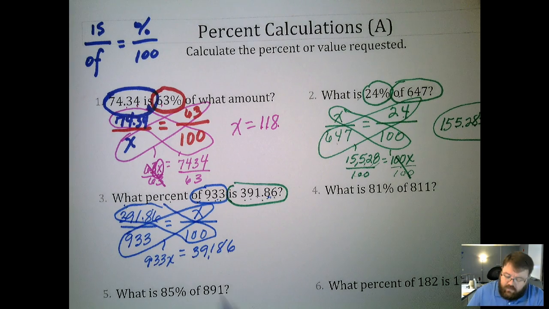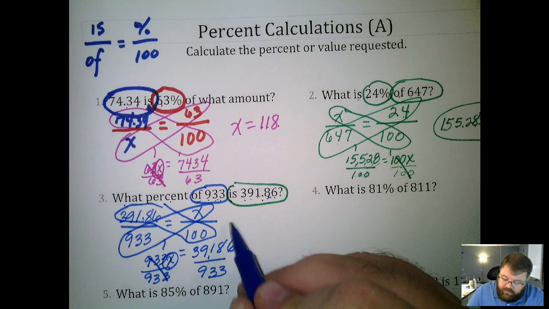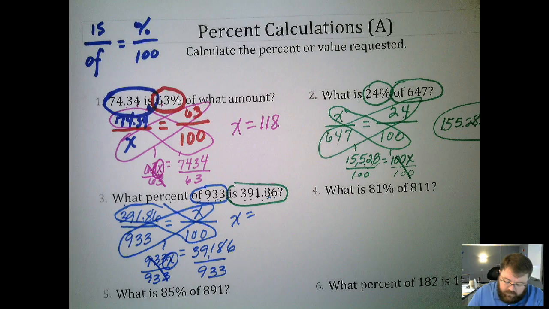Alright, next you should divide by 933. 933 divided by 933 is 1. That leaves you with x is equal to 39186 divided by 933, and that gives you 42.